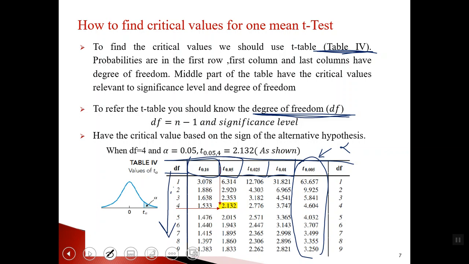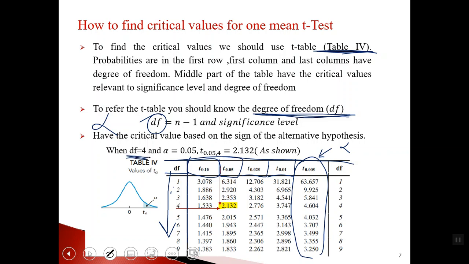Before you use the T table, you should know two things. First, what is the degree of freedom, and the other is what is the alpha. Using those two you can figure out the value. Let's see an example.